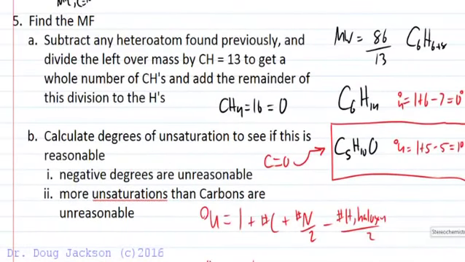Then we find the molecular formula, the all carbon hydrogen, by dividing the molecular weight by 13 and taking the remainder, and then we venture a guess at other heteroatoms by looking at the IR and our other evidence and seeing if they agree with each other. And when they do, if they are reasonable, we can look for more evidence in our spectrum, and we'll keep working examples to get better and better at it.